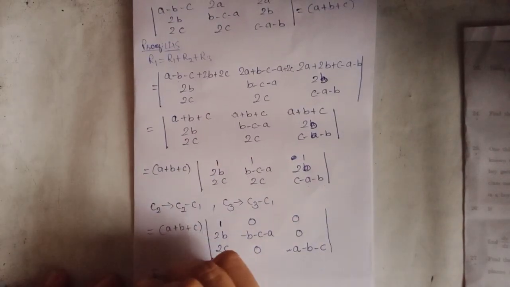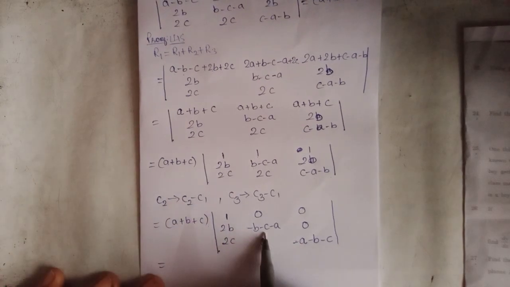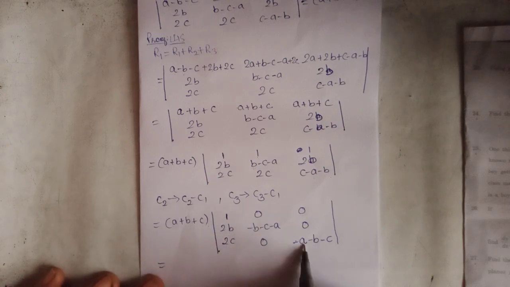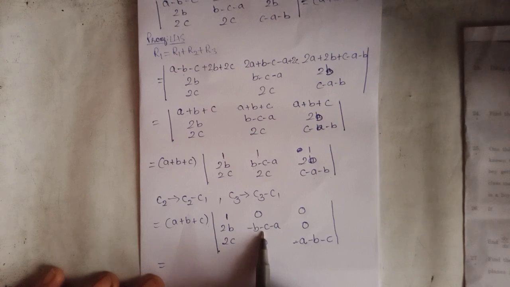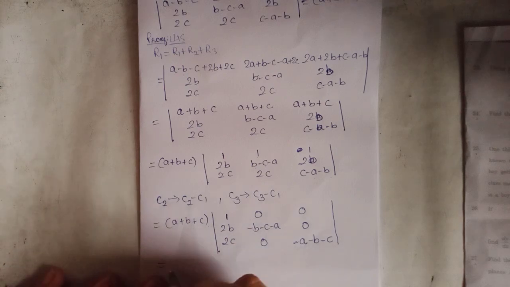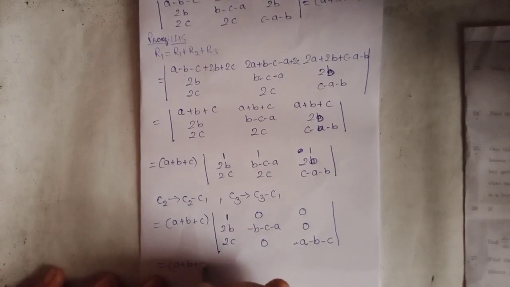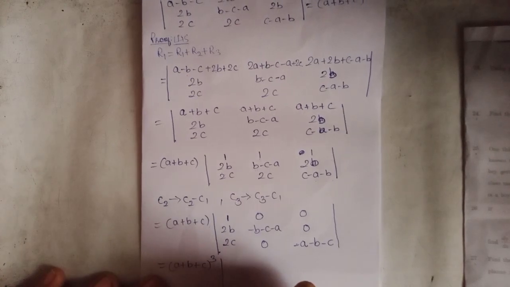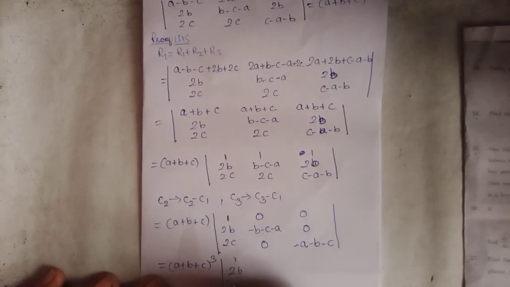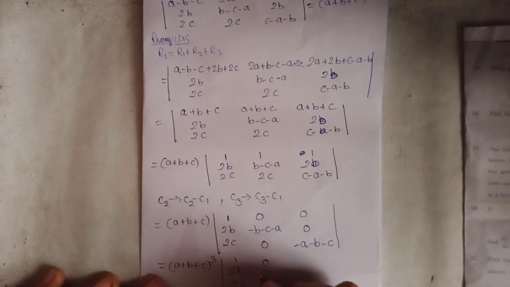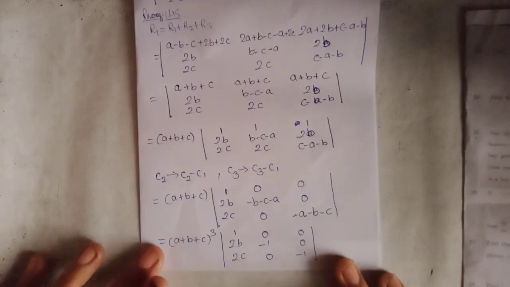Okay, now taking a plus b plus c from C2 and a plus b plus c from C3, here minus 1 will remain. So I'll write here (a plus b plus c) the whole cube, 1 2b 2c, 0 minus 1 0, 0 0 minus 1.